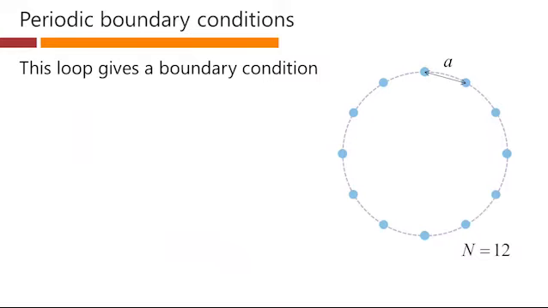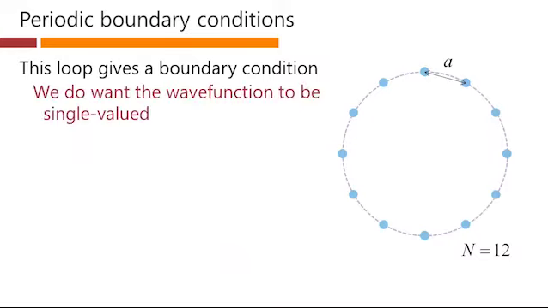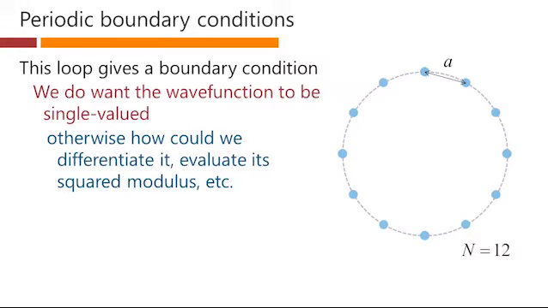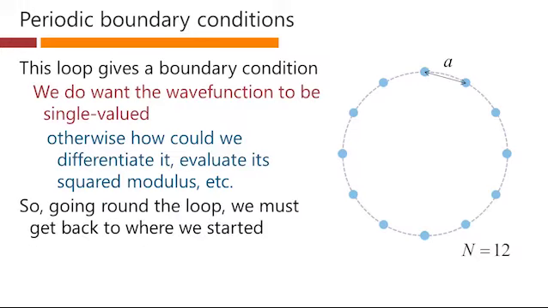Now, this loop gives us a boundary condition. We do want our wave function to be single-valued. Otherwise, how could we differentiate it or evaluate its squared modulus and so on? So we presume that going round the loop, the wave function must come back to where it started. It must be the same value when we went all the way around the loop as it was when we started at a given point on the loop.